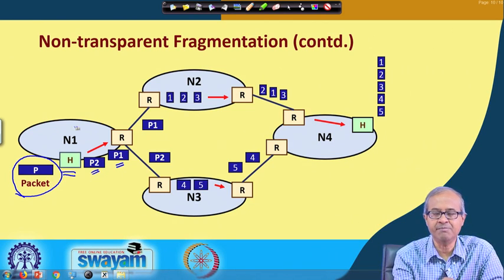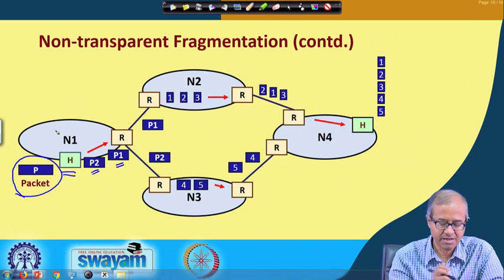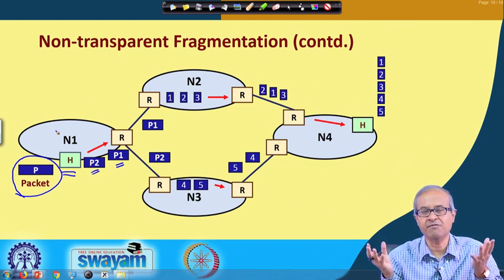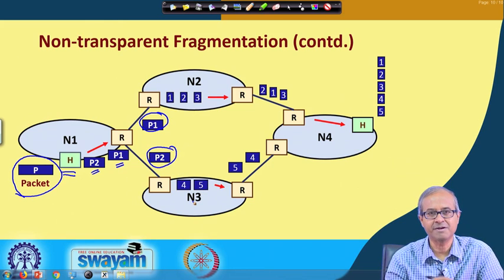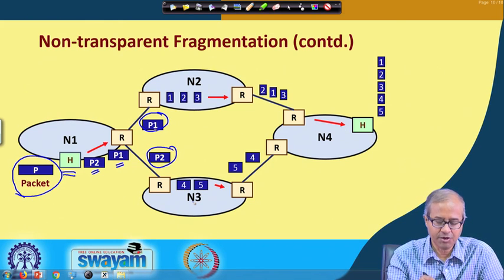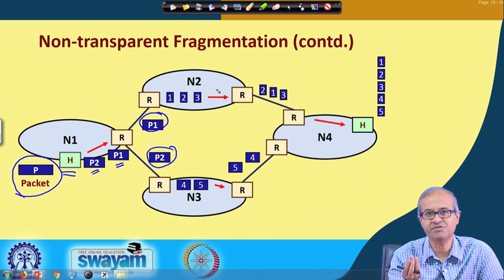It depends on the MTU of N1, okay. N1 is small, so it has to be broken into two fragments. Now, suppose a datagram can flow through any path. Let us say P1 goes through N2 and P2 goes through this network N3. It may so happen. Now, when P1 reaches N2, maybe the MTU of N2 is even smaller.